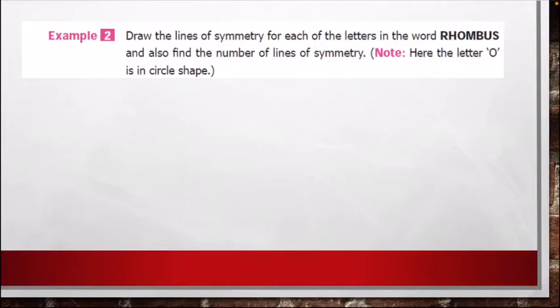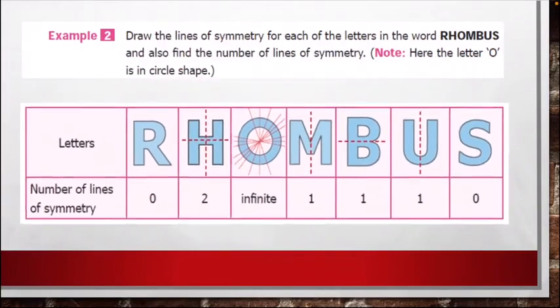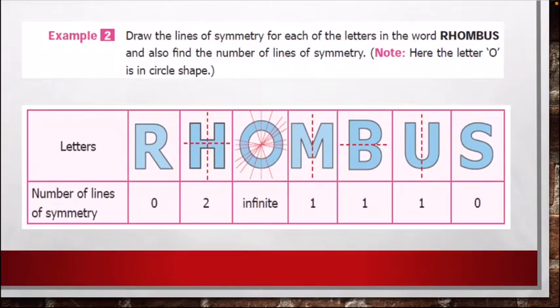Let me read this question. Draw the line of symmetry of each of the letters in the word rhombus and also find the number of lines of symmetry. Here they have given a note: the letter O is in circle shape. Okay, so now let us take the first letter R.